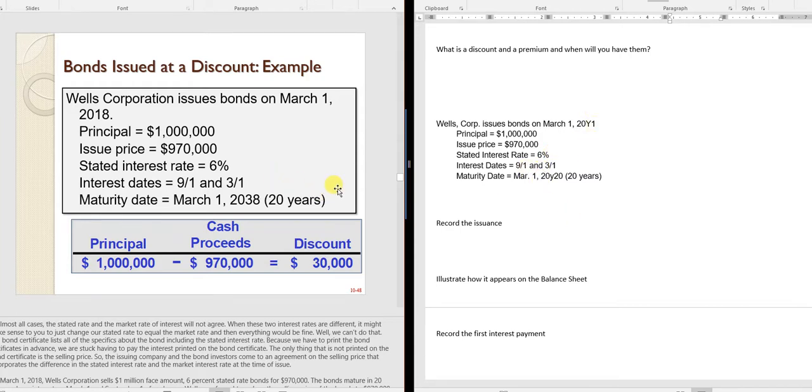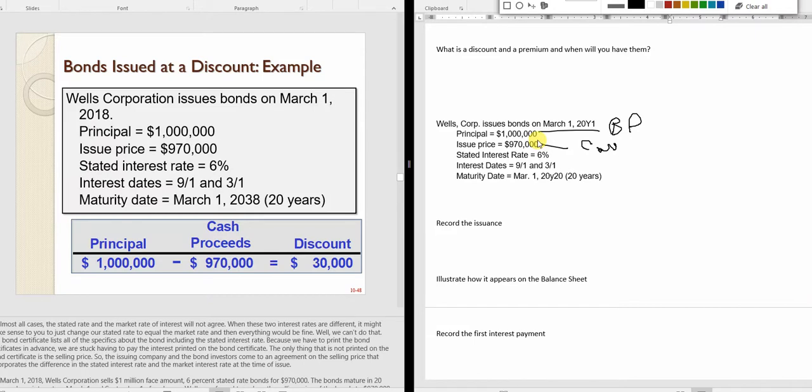Okay, so we have principal is bonds payable. Bonds payable is always recorded for the principal. Always. This is the cash I get. So I'm going to debit cash for $970,000 and I'm going to credit bonds payable.